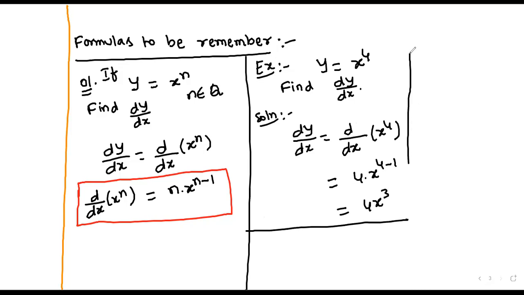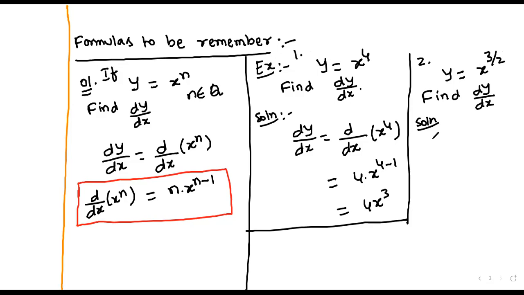Next, the second example. This was the first example. Second example: suppose y is equal to x power 3 by 2. Then find dy by dx. That is, dy by dx equals d by dx of x power 3 by 2.